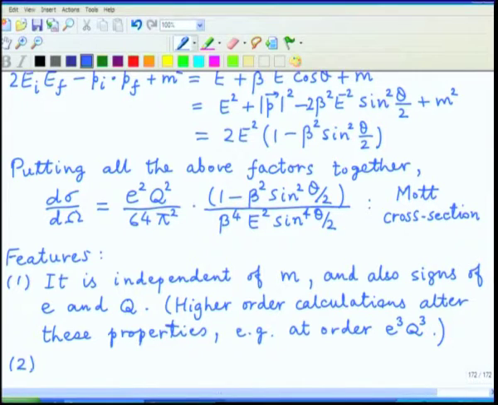Let me make one more observation: what is the significance of this beta square sin square theta by 2? It can be given an interpretation.